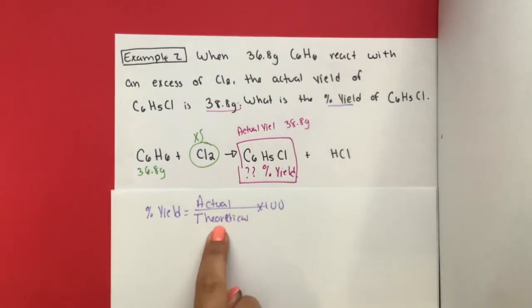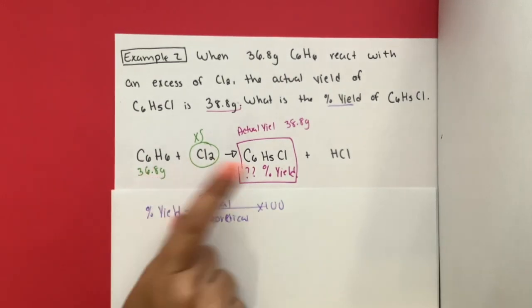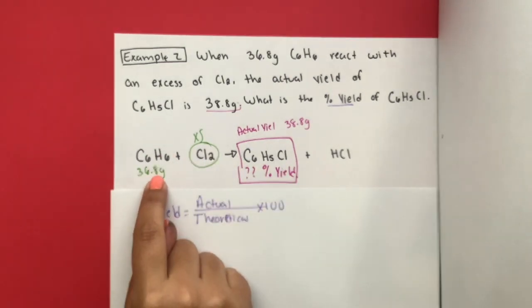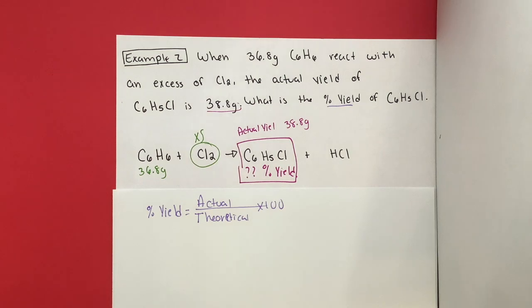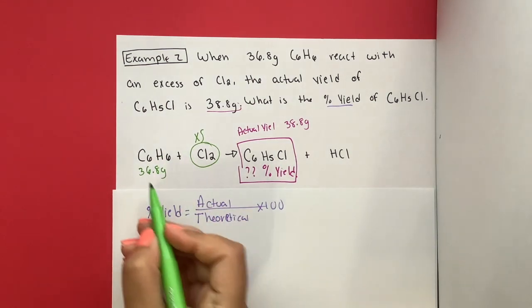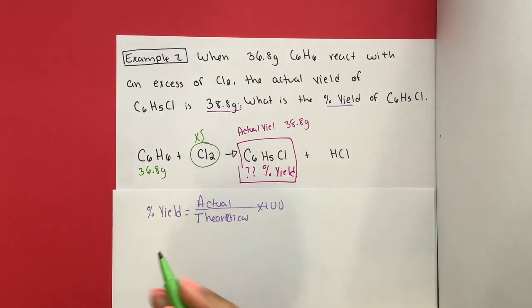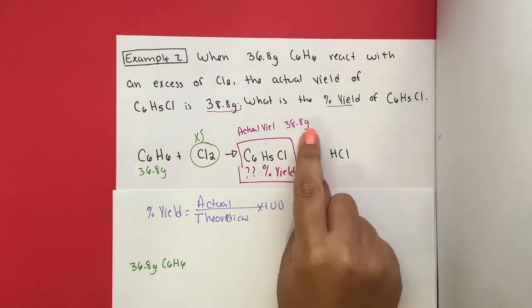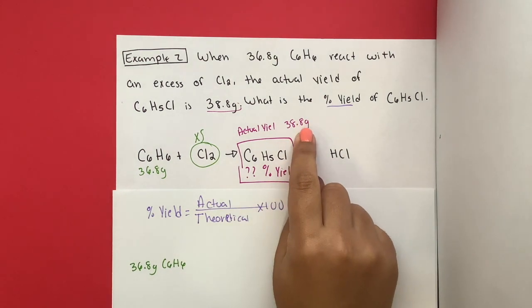To figure out the theoretical, we need to look at how much product the limiting reactant can make. So we're going to look at the limiting reactant, which is C6H6, and we have 36.8 grams of C6H6. You see how the actual yield is in grams?